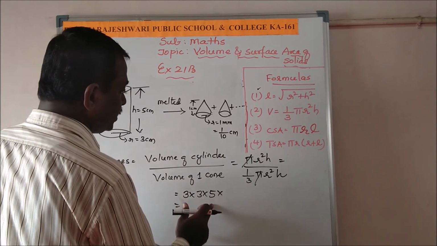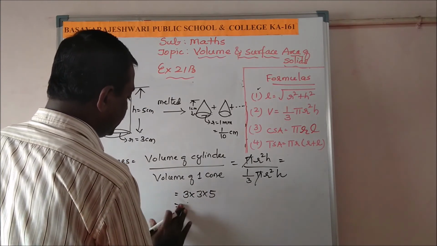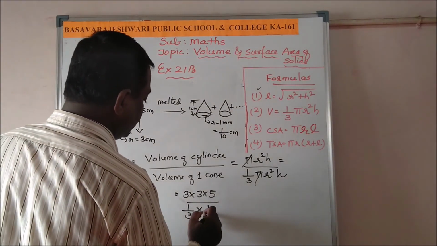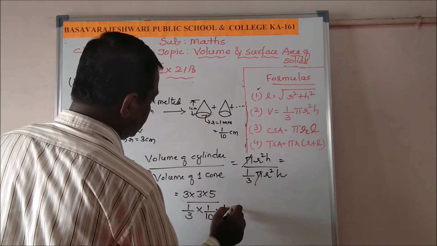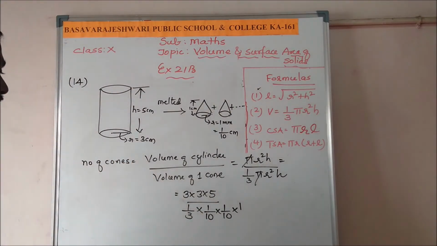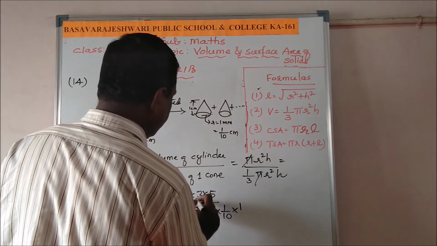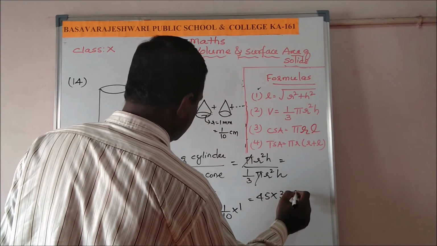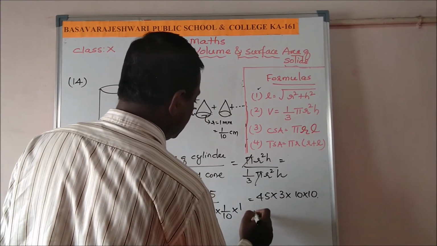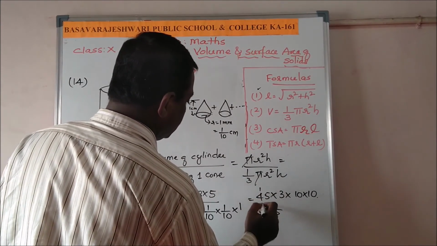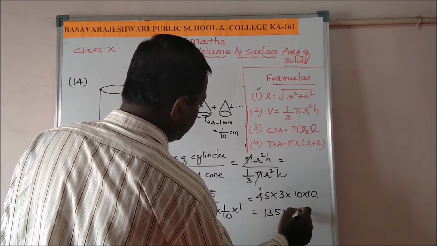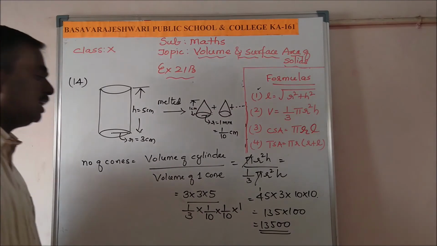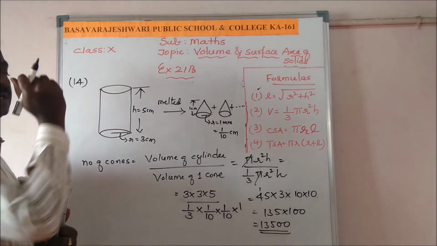So this is r square h by 1 by 3 into r, which is 1 by 10 into 1 by 10 into 1. So that is 45 into 3 into 10 into 10. 3 5s are 15, 12, 13 into 100. That is 13,500. 13,500 cones we can make from this cylinder.